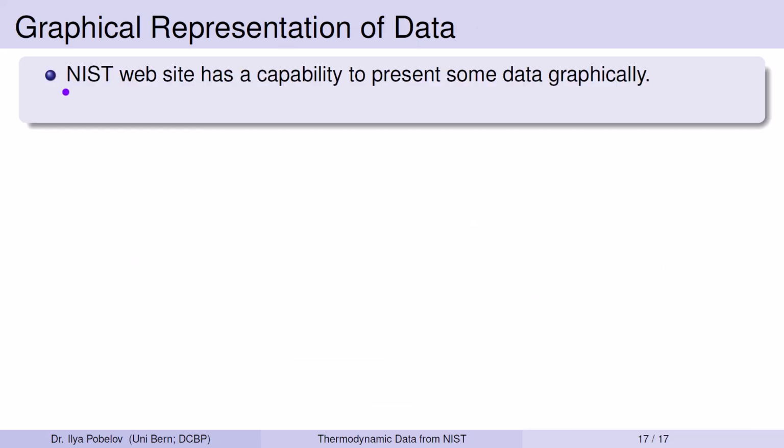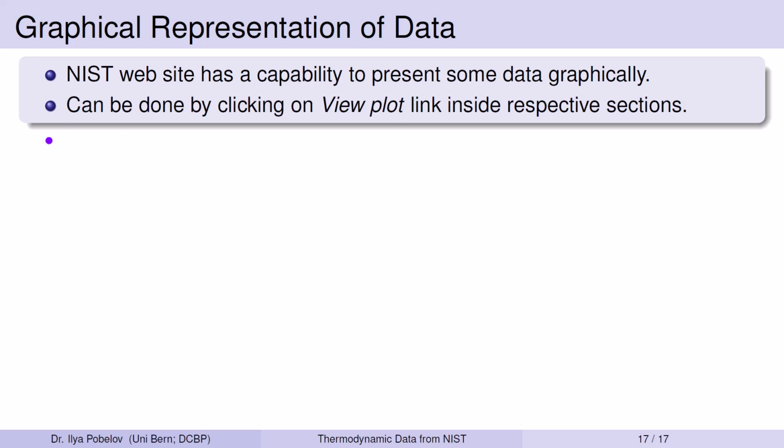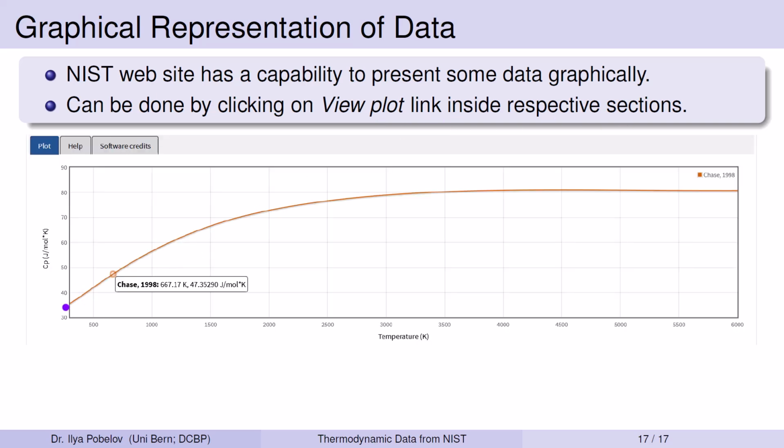Furthermore, the NIST website has the capacity to present data graphically. This can be done by clicking the View Plot link within the respective sections. As an example, by clicking on View Plot inside the section Gas Phase Heat Capacity Shomate Equation on the data page, you can display a plot showing the variation of molar heat capacity at constant pressure with temperature.